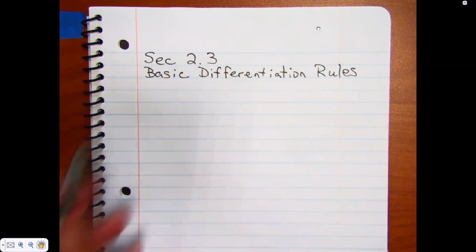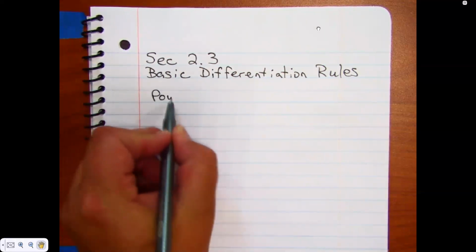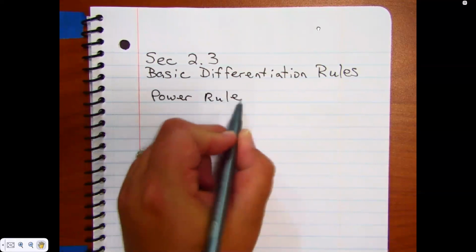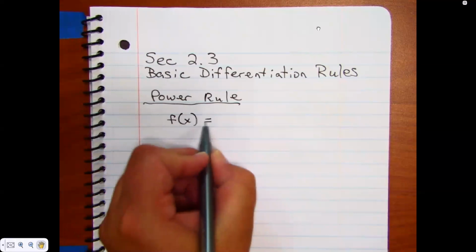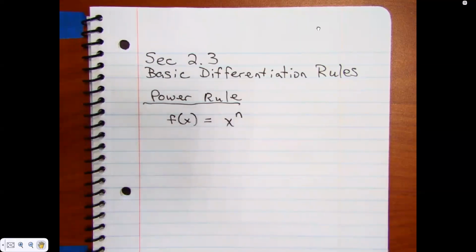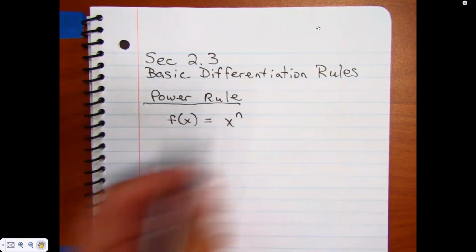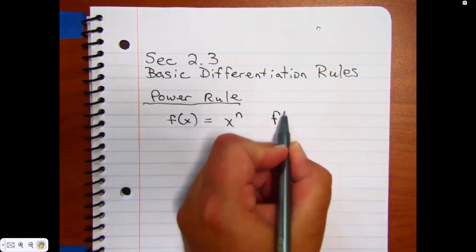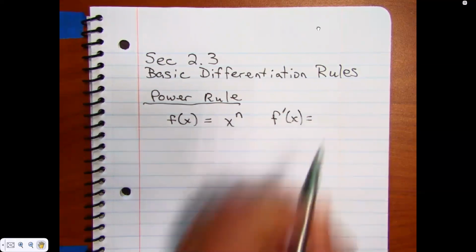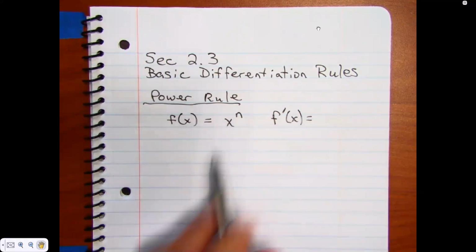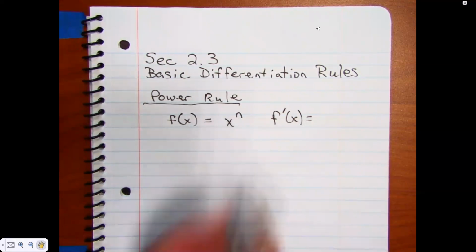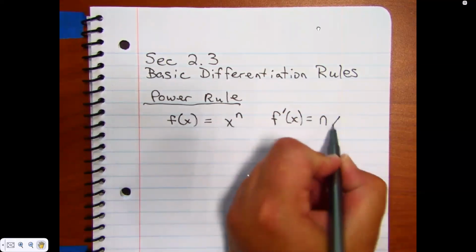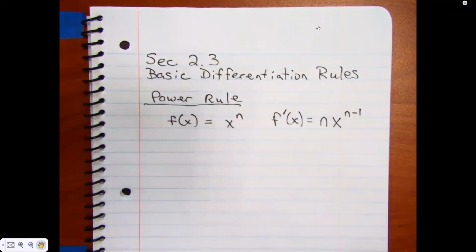Right? And the most basic is called the power rule. And that's the one we're going to use every day. The power rule says, if I have f of x and it equals x to some number, instead of doing limits and everything like that, the derivative, remember this notation is derivative, is equal to this exponent rolls down in front as a coefficient, n times x to the n minus 1.